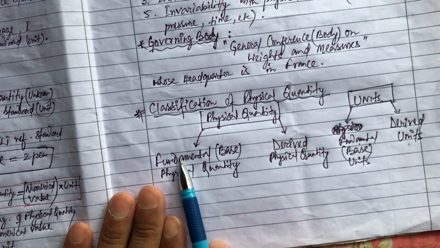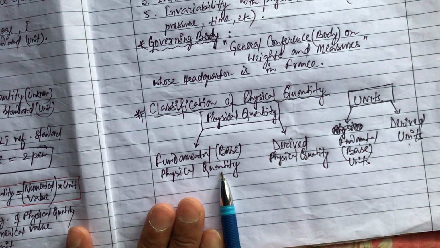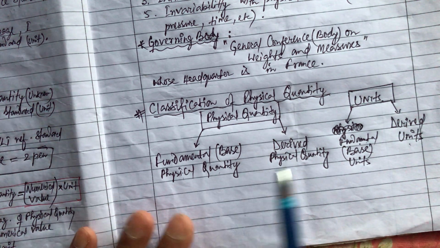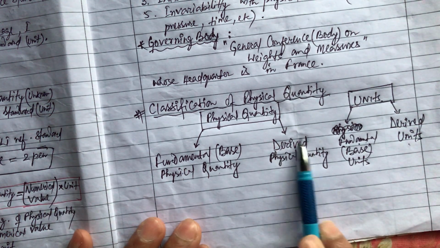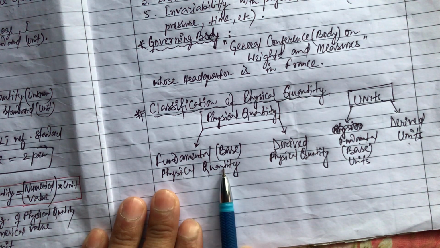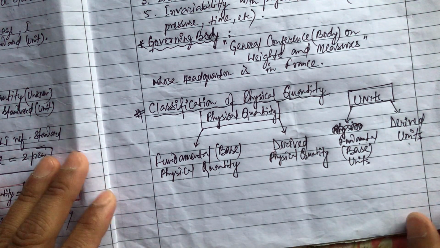Okay, now fundamental physical quantities are those physical quantities which do not depend on any other physical quantity, or they don't depend on each other, whereas derived physical quantities are those which depend on fundamental physical quantities. We'll see examples later, don't worry.